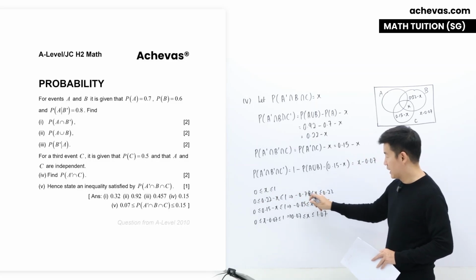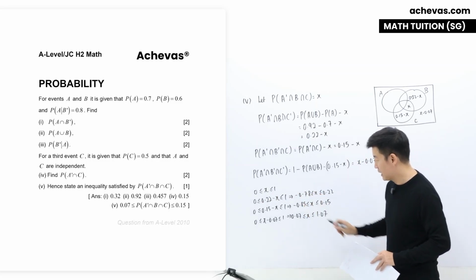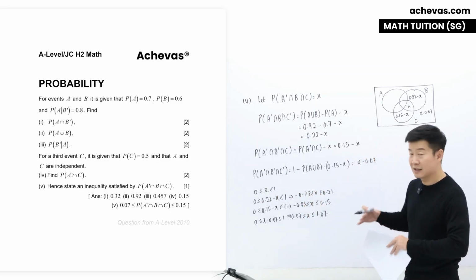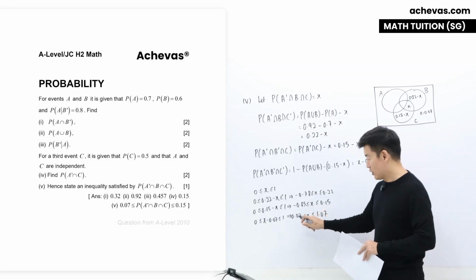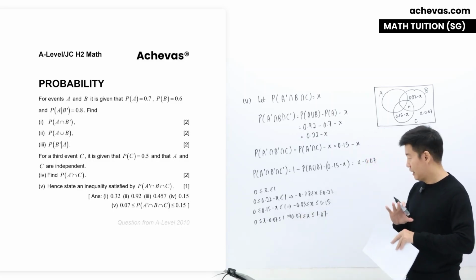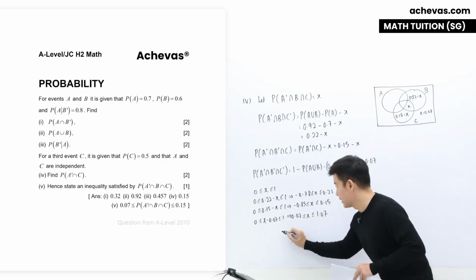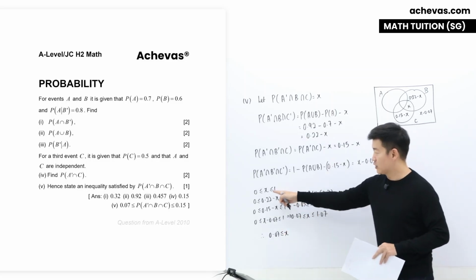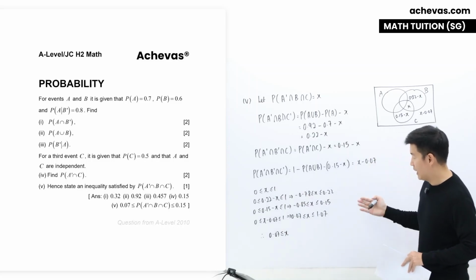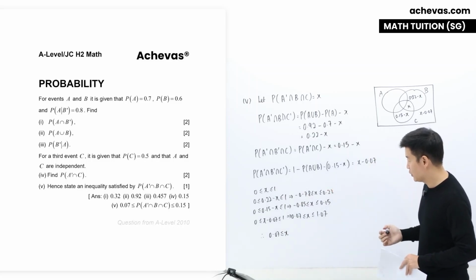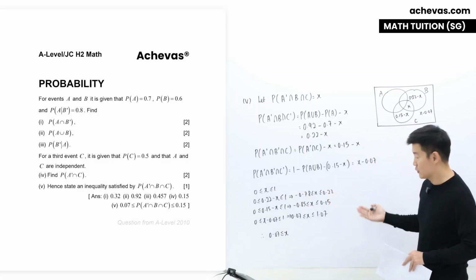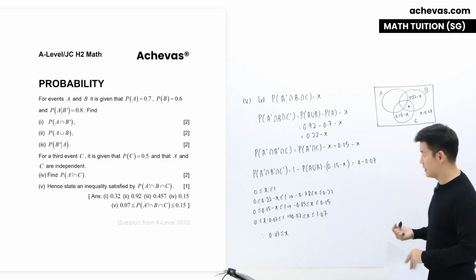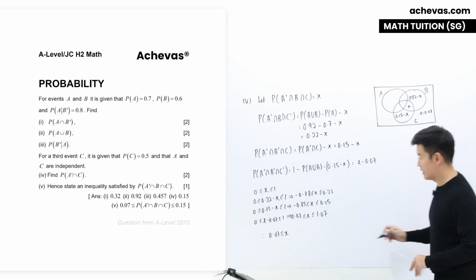Okay, so with this, we can see that X must be a number that is bigger than 0, bigger than negative 0.78, bigger than negative 0.85, bigger than or equal to 0.07 at the same time, which means that X must be bigger or equal to 0.07. X is also less than or equal to 1, less than or equal to 0.22, less than or equal to 0.15, and less than 1.07 at the same time.